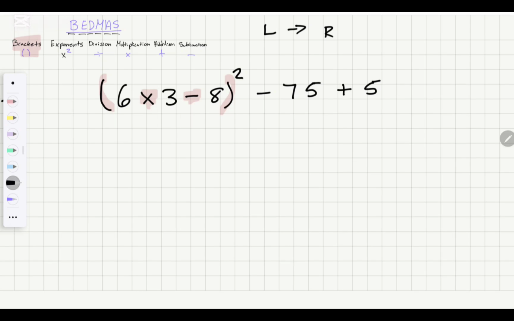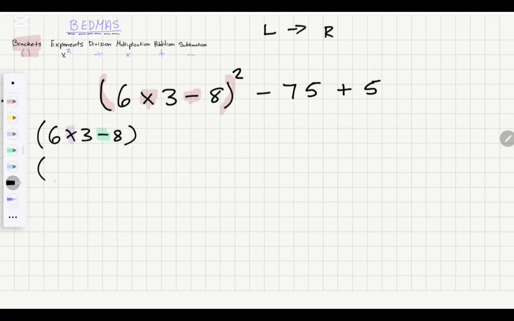So I'm going to take this bracket over to the side here. And I'm going to follow BEDMAS for the inside of this bracket. The first thing I see is multiplication, and I also see subtraction. So I'm going to do my multiplication first.